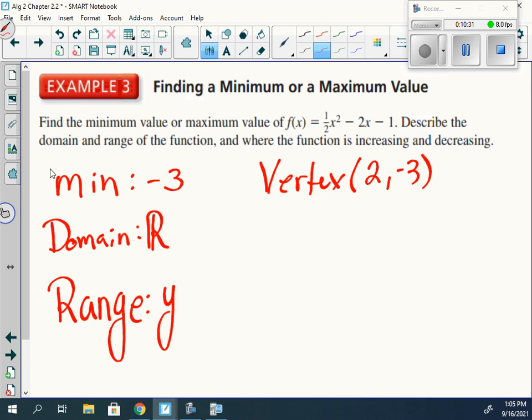It is the minimum, so it is the lowest point it can be, yes? And we would have all the y values that are going to be what? Greater than or equal to it. So we have y is greater than or equal to -3, and that would be the range.